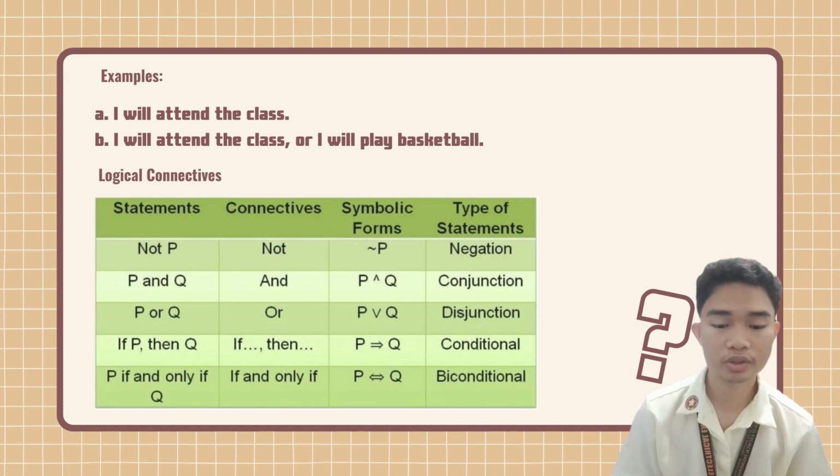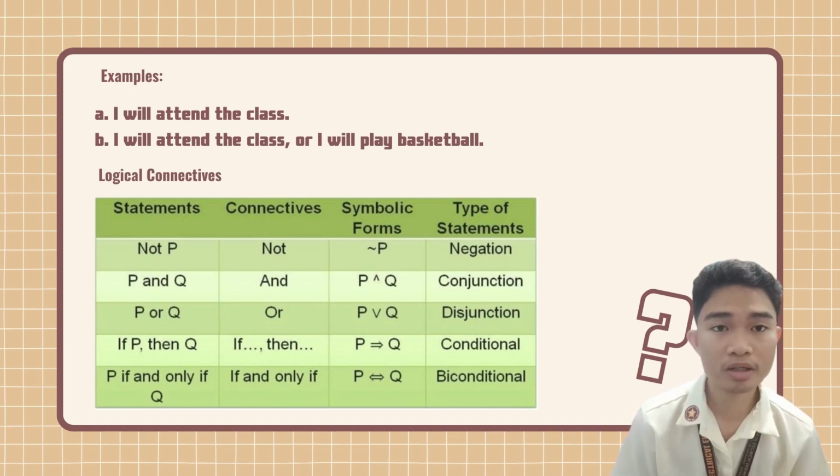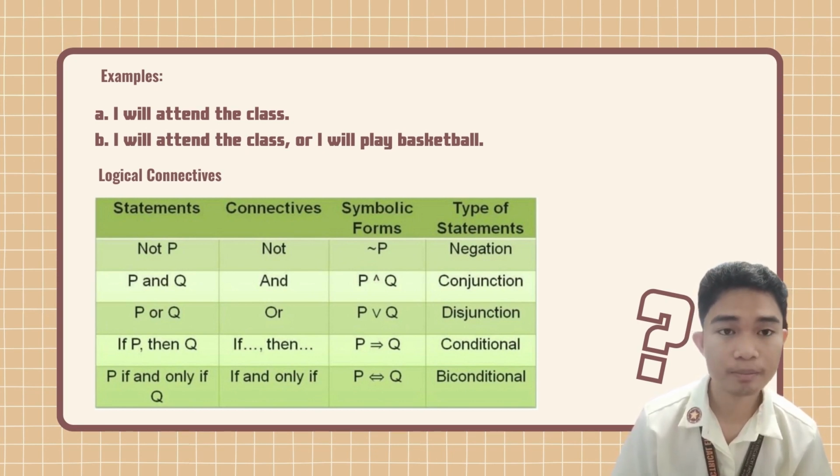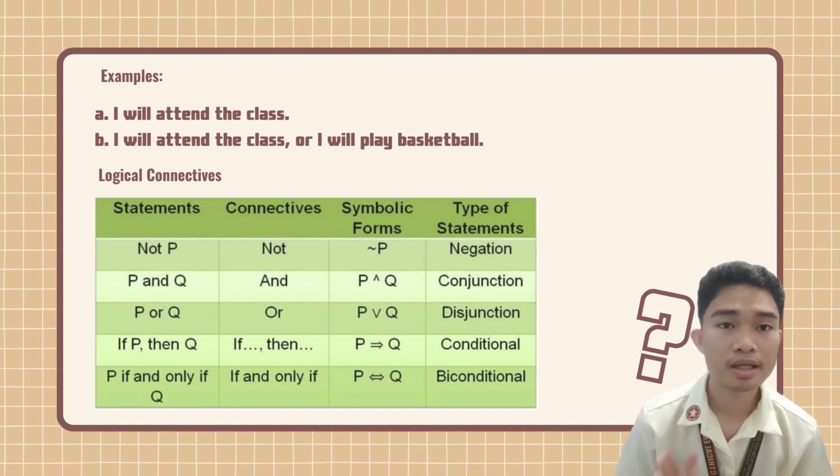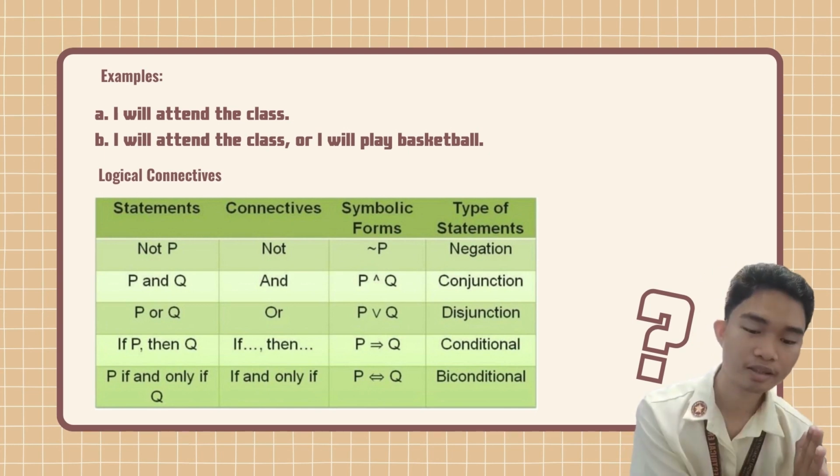Next is the disjunction, whose symbolic form is the victory, and you can read it as or, and in the statement you can read it as P or Q. Next is conditional. Its symbolic form is the arrow that is pointed to the right.